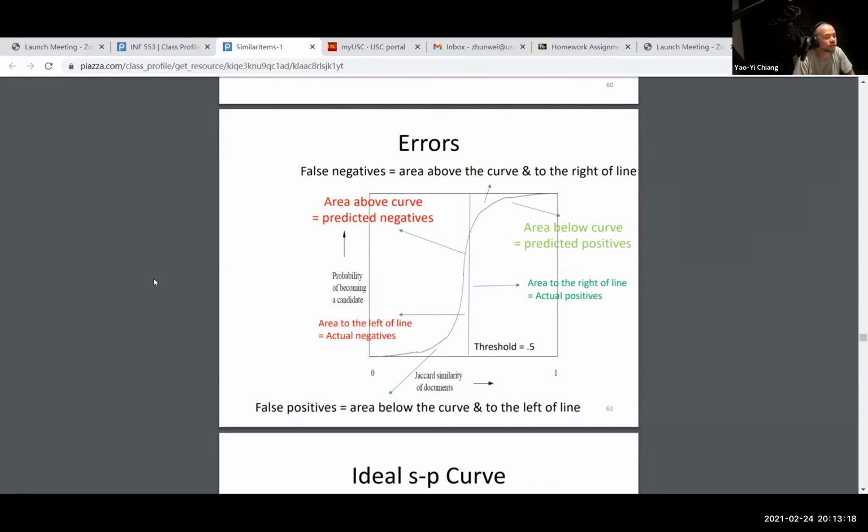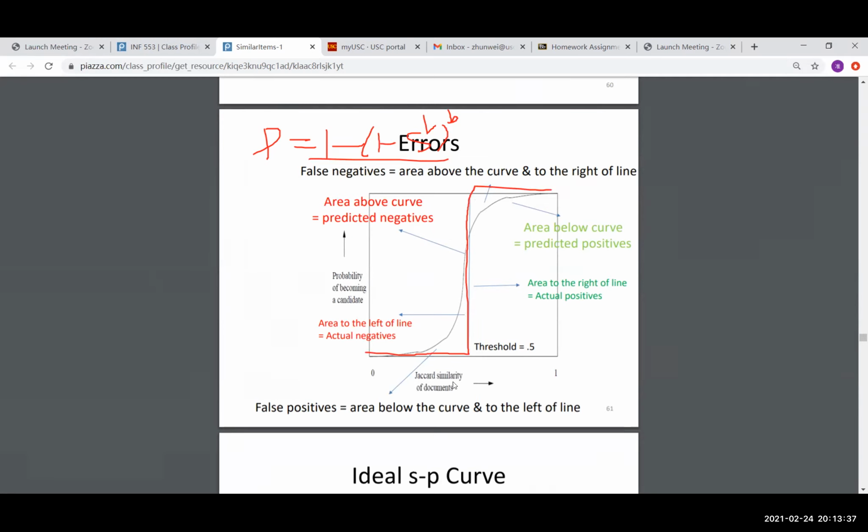Oh, because this curve is determined by your P function, right? 1 minus... yeah. Okay. So based on this function, you will never have this. So actually my question is, if the S increases, what will the curve become?